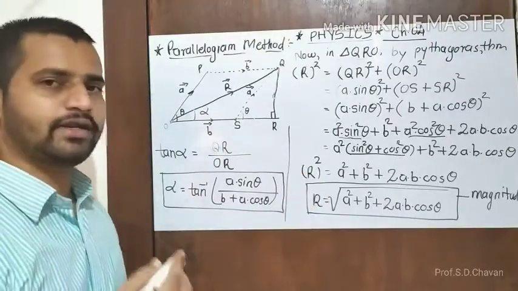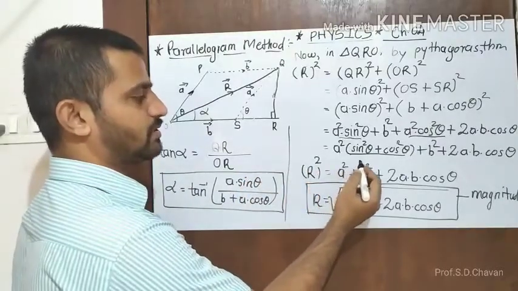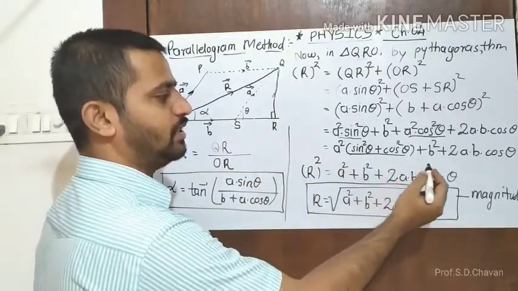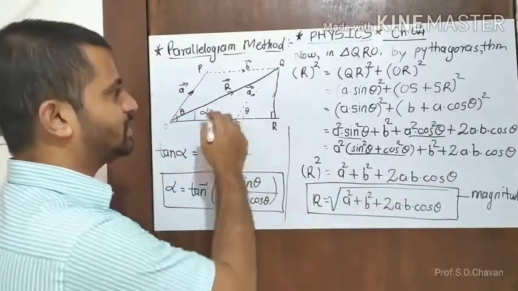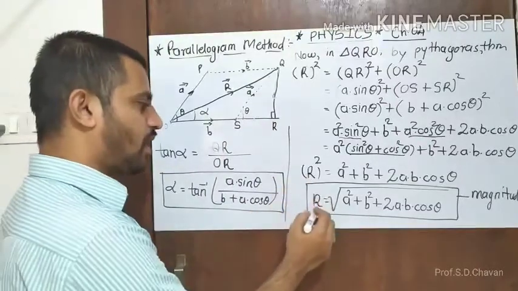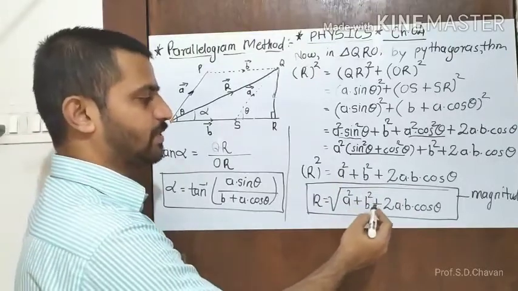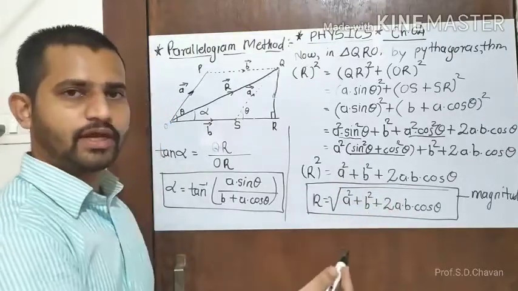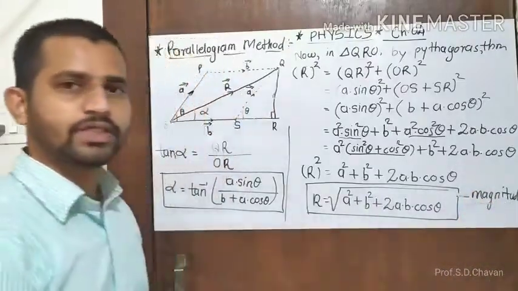So we can directly write R square is equal to A square plus B square plus twice AB cos of theta, so the magnitude of the resultant is R equal to the square root of A square plus B square plus twice AB cos of theta. So this is about the magnitude.